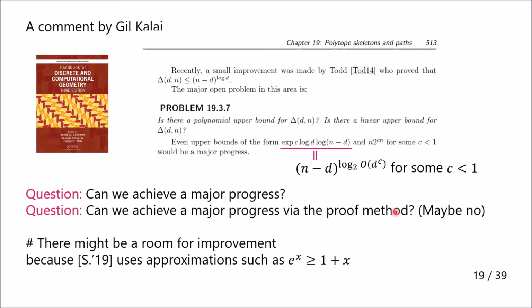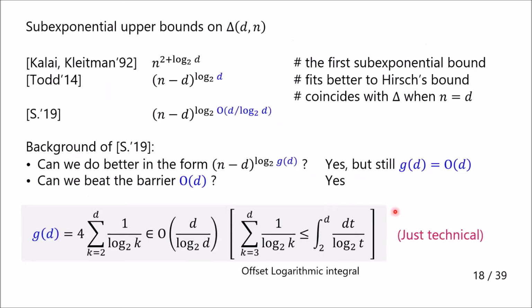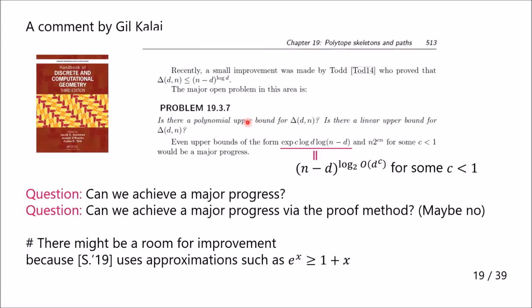And you can check that this is better than my bound. So my result is not a major one in this definition. So here's a question: can we achieve this? I have these two questions.